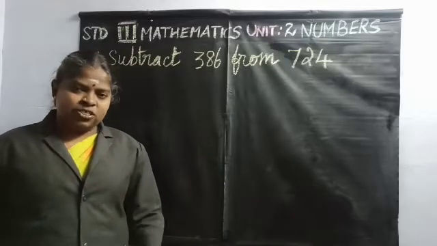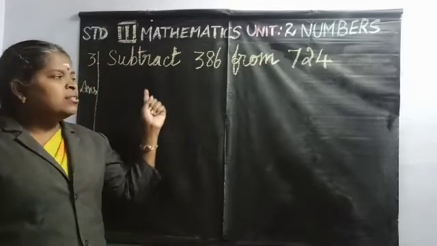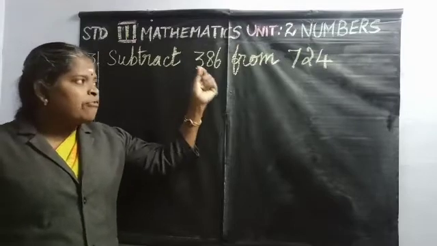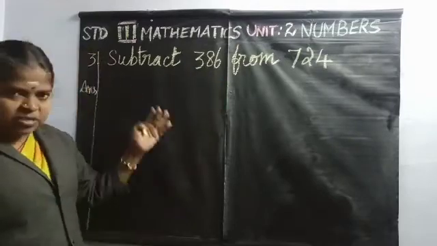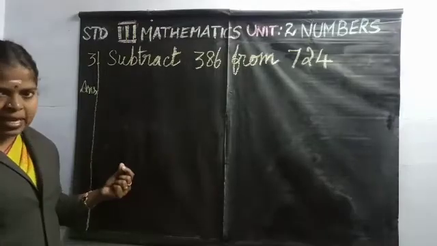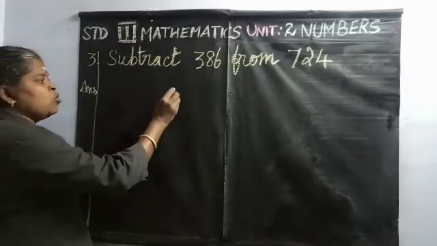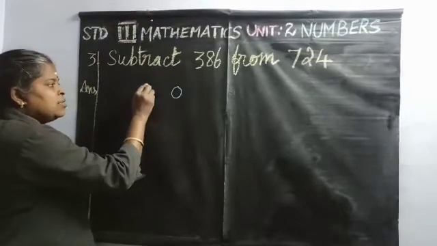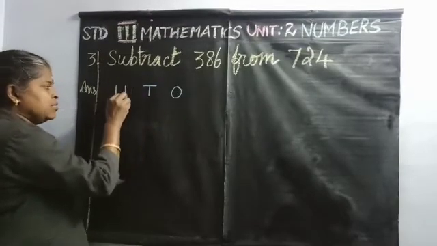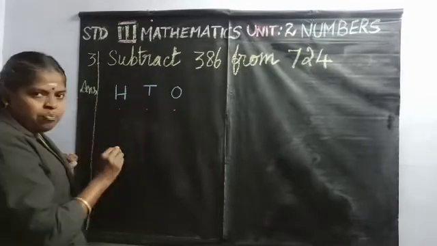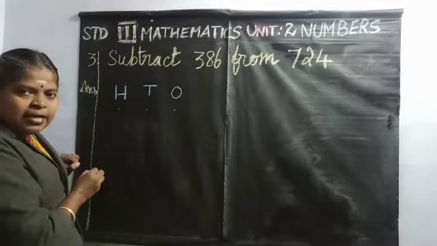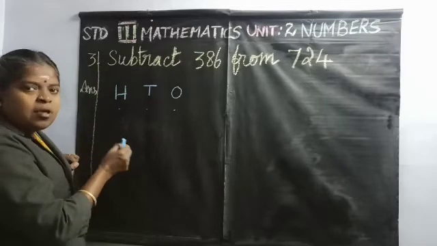Children, next question, subtract 386 from 724. So here there is a given statement. While writing the answer, first we have to write ones, tens, hundreds. After that, leave one finger gap. Why are we leaving one line? To write the borrowing.